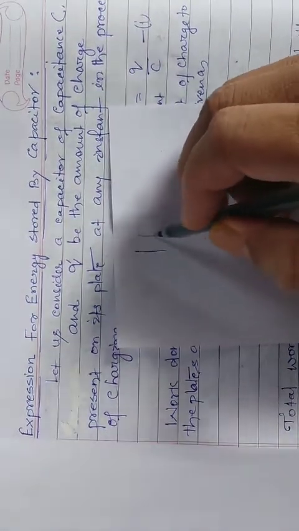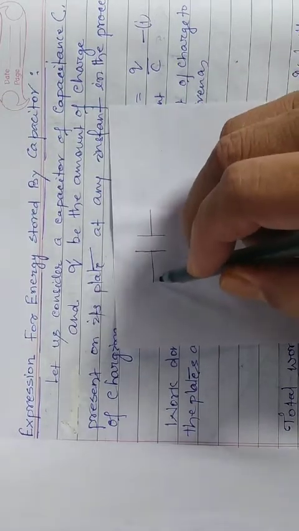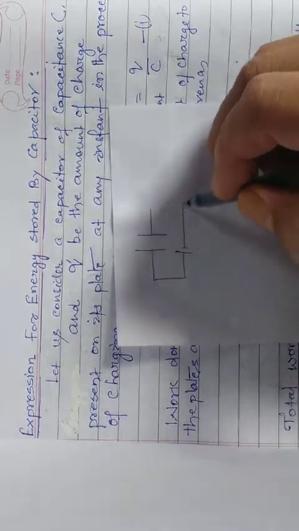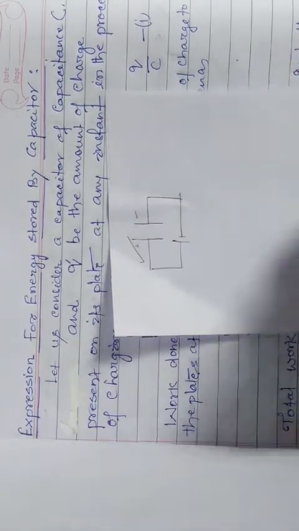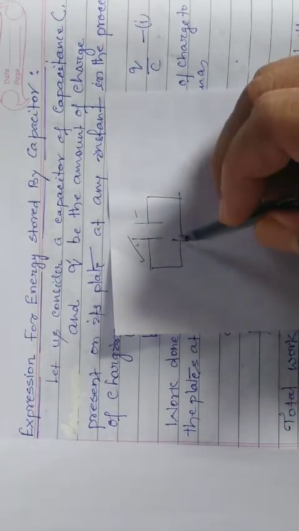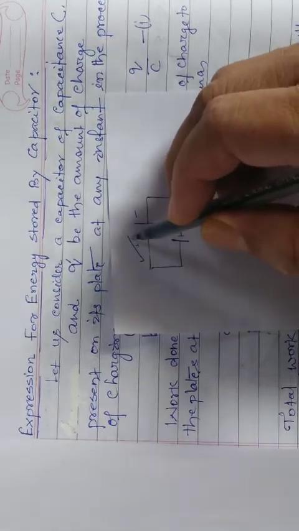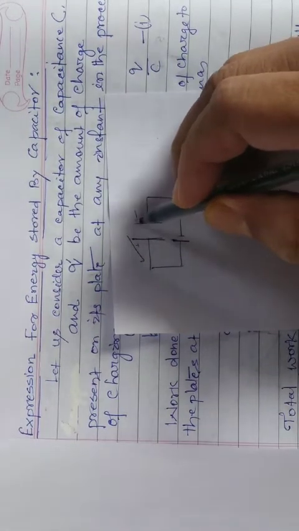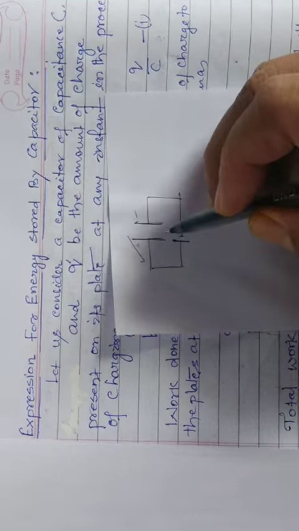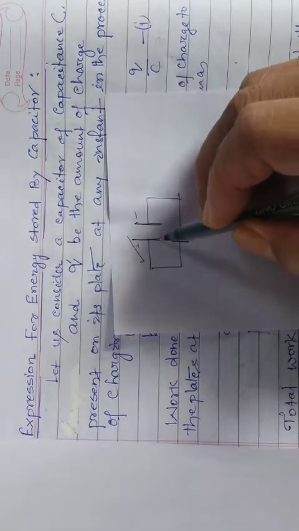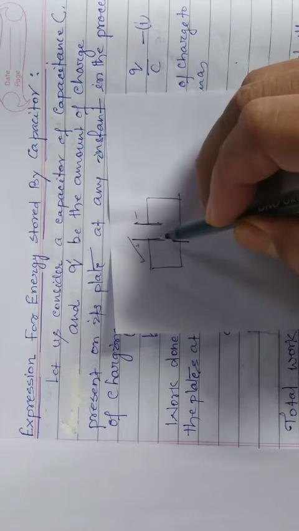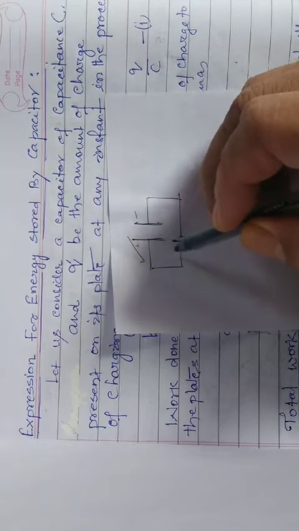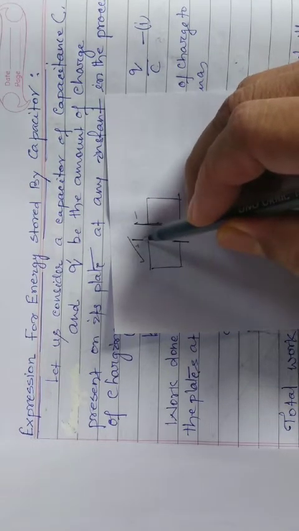When a capacitor is connected to a battery, the process of charging of the capacitor begins. As soon as charge is transferred to the plates of the capacitor, a potential difference is developed between the plates, which opposes the growth of charge on the plates.